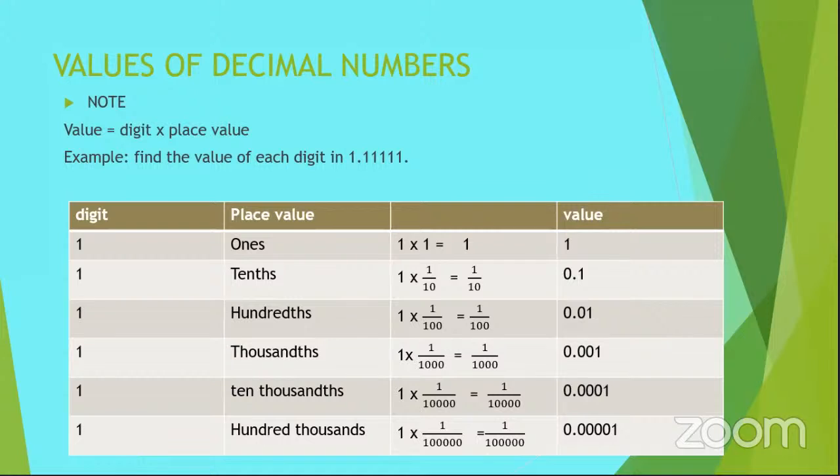So when you multiply, basically what we do, this one multiplies the numerator. I hope we all know the numerator is the upper number. The denominator remains the same. So here we have 1 times 1. That's when we are looking at tenths. We have 1 times 1, giving us 1 out of this 10 here.